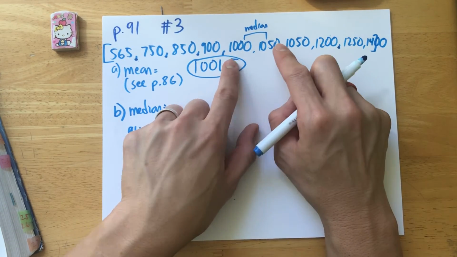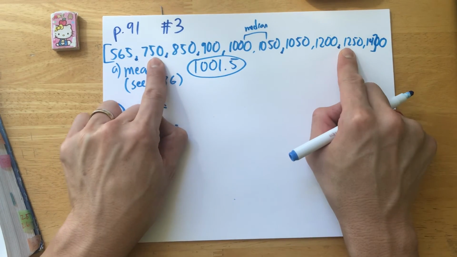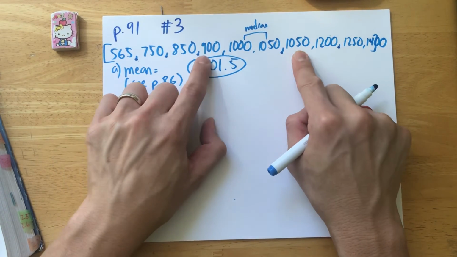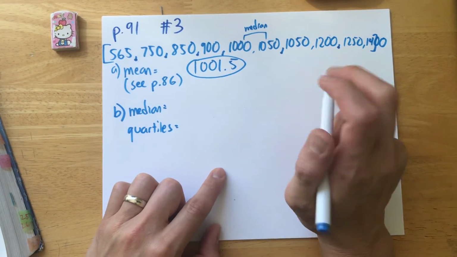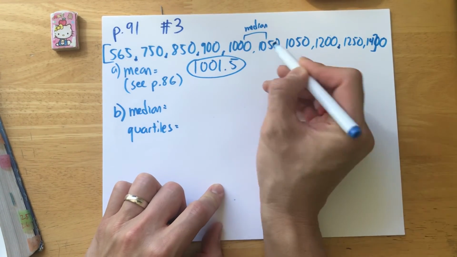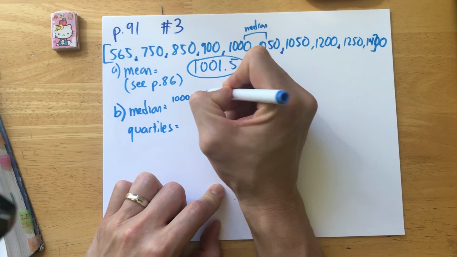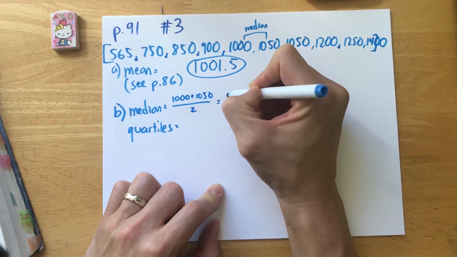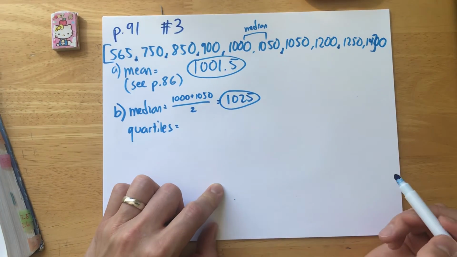A good way to do this, super high tech, is to use your fingers: put them at the ends and go boom, boom, boom, and then you know that the median is in between. So the median is the average of 1,000 and 1,050, divided by 2. It's going to be 1,025. That's our median.